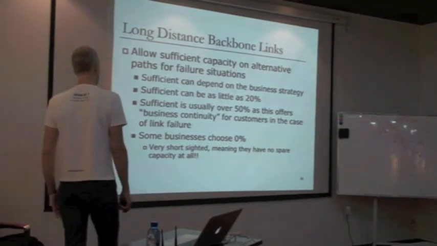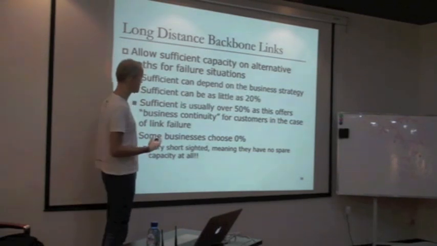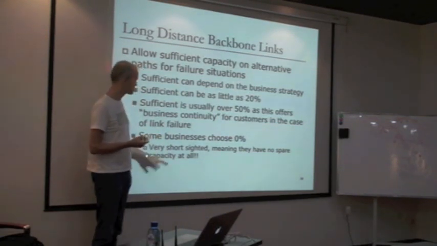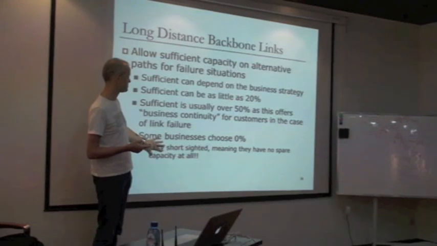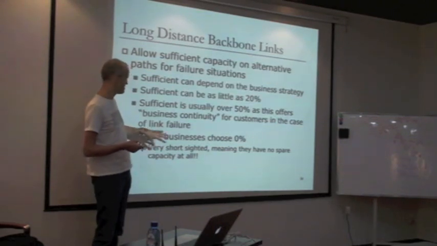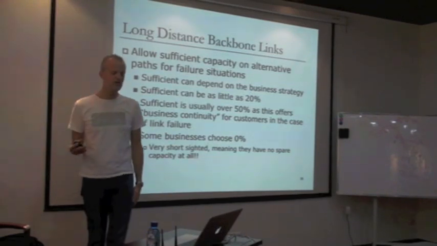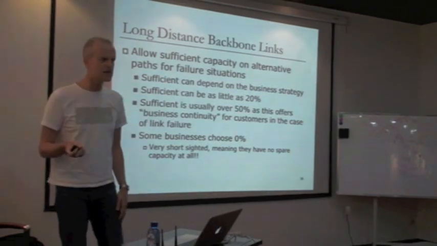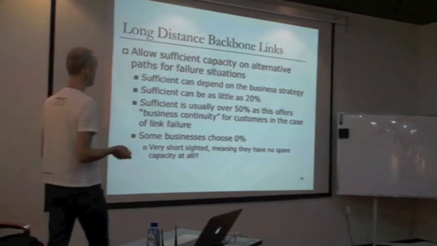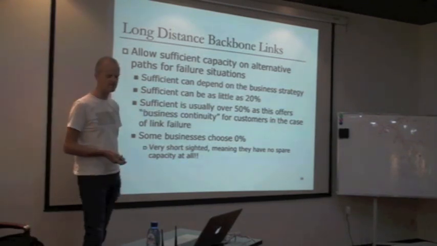This is very, very short-sighted. It doesn't scale or grow the internet, and it's just really one of the worst options available. But there are people who do this. They tend to offer very, very cheap services, and the only way they can do it is by having zero redundancy in the network. So 50% is really ideal.